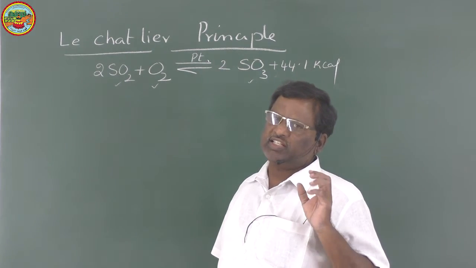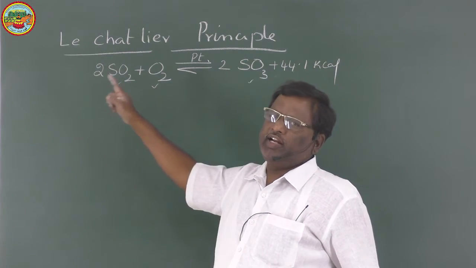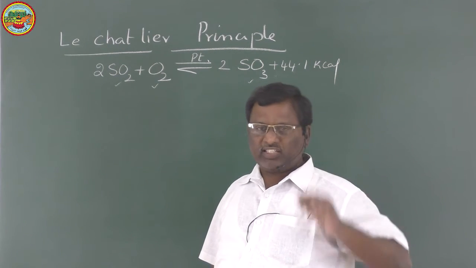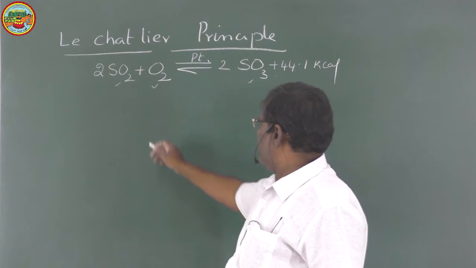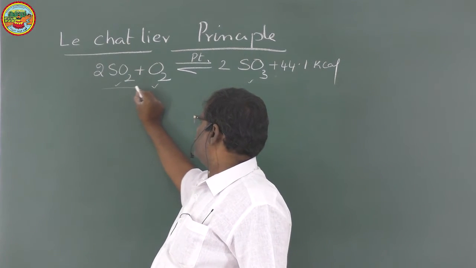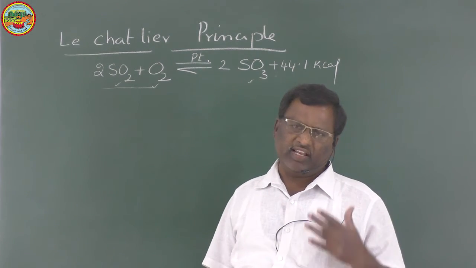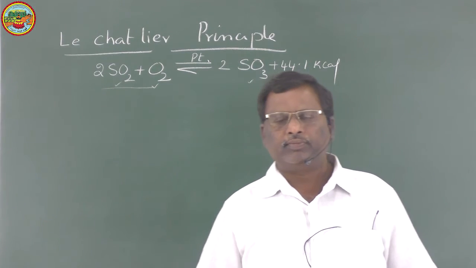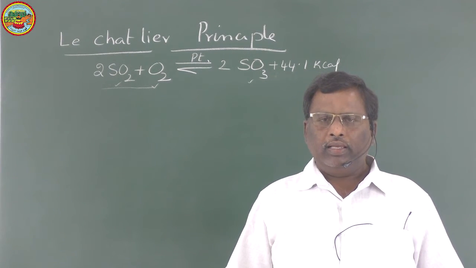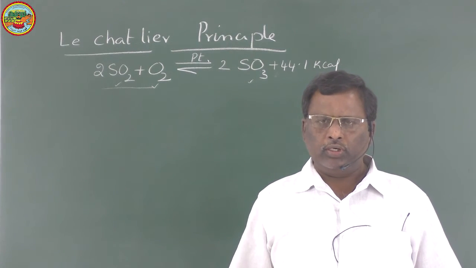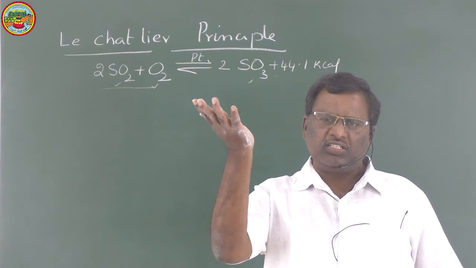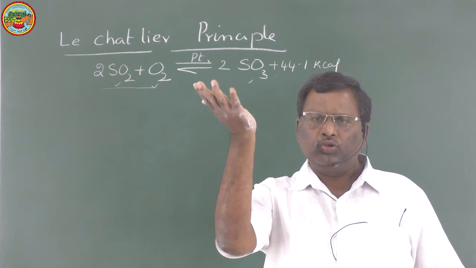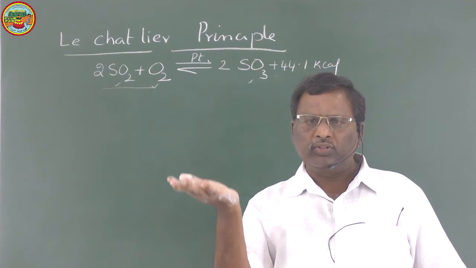Equilibria means the rate of forward reaction is equal to the rate of backward reaction. When the reaction is in equilibria, if we increase the concentrations of SO2 and O2, that is the reactants, according to Le-Chatelier's principle, the system will adjust itself to minimize the change.